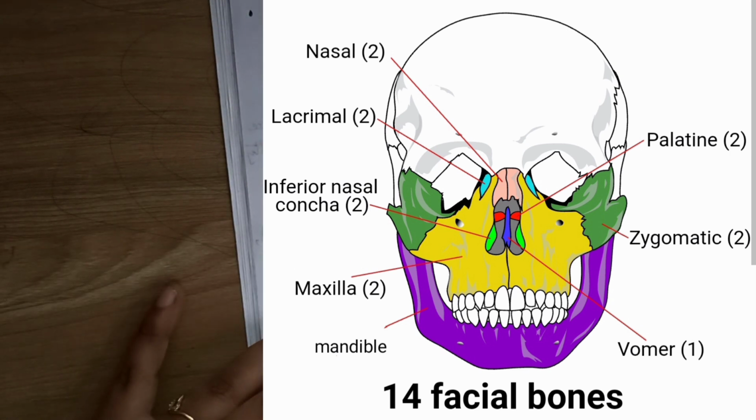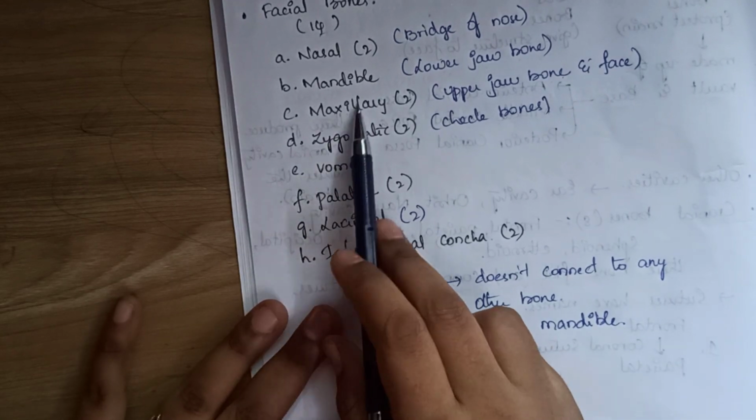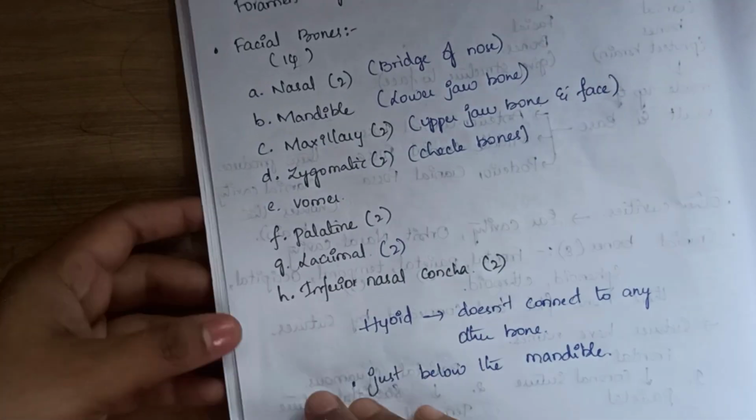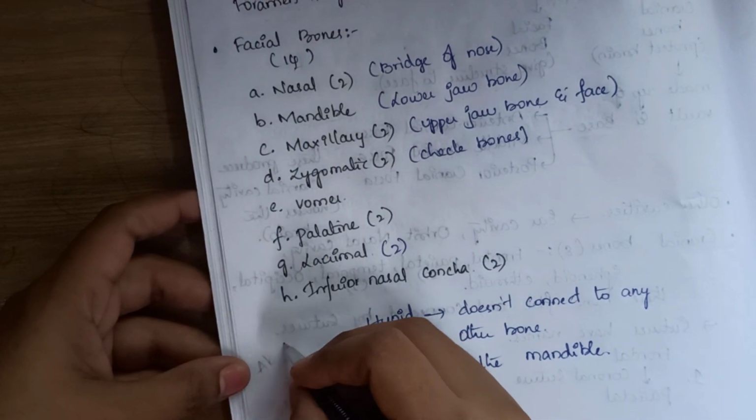Then the hyoid bone, which does not connect to any other bone, just below the mandible. These are the axial bones that are part of the skull.